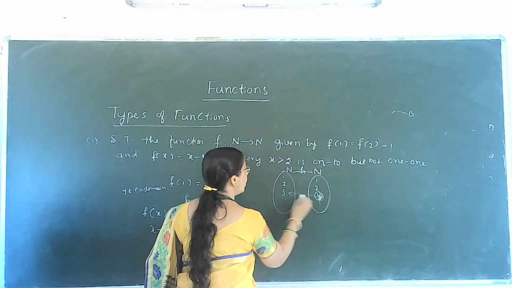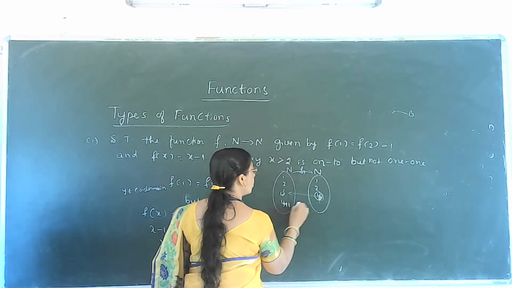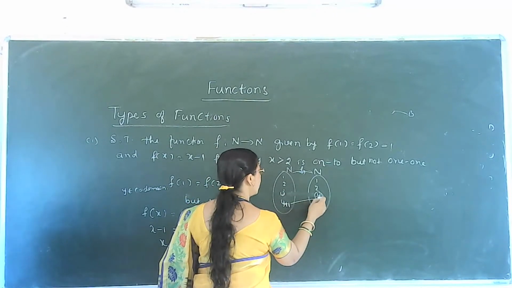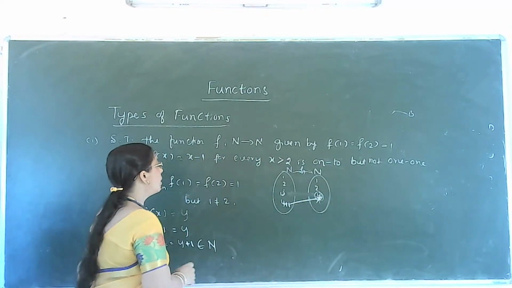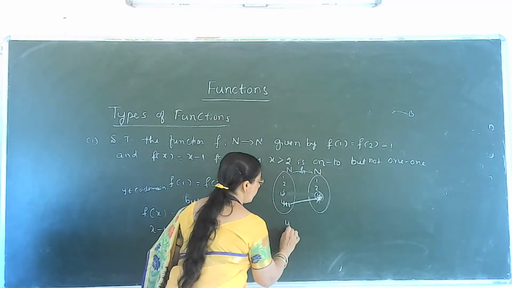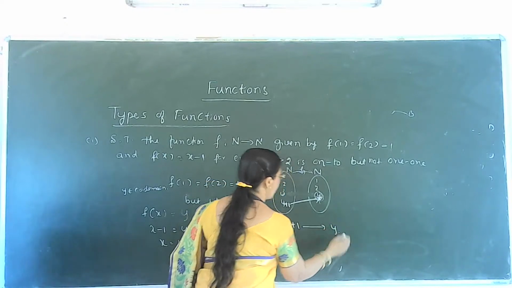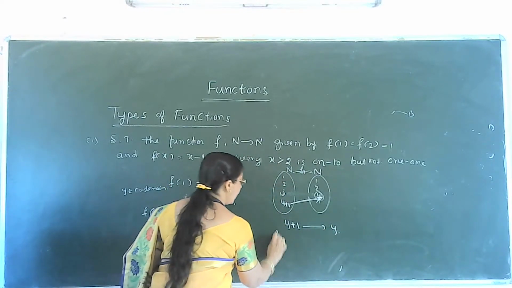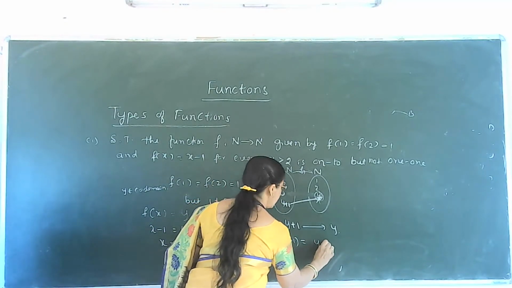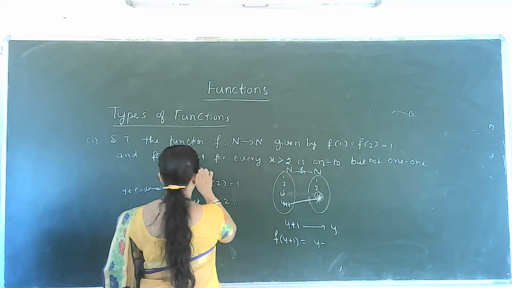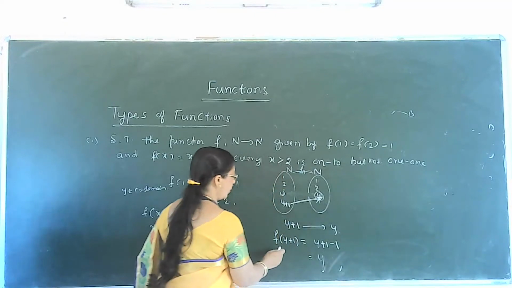Here y plus 1 is the pre-image. y plus 1 has the image y, because f(y plus 1) is equal to y plus 1 minus 1, which is equal to y.